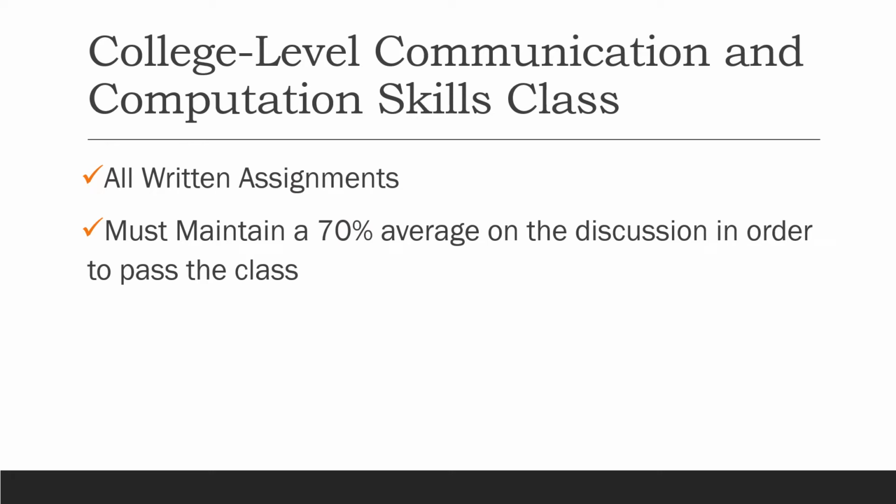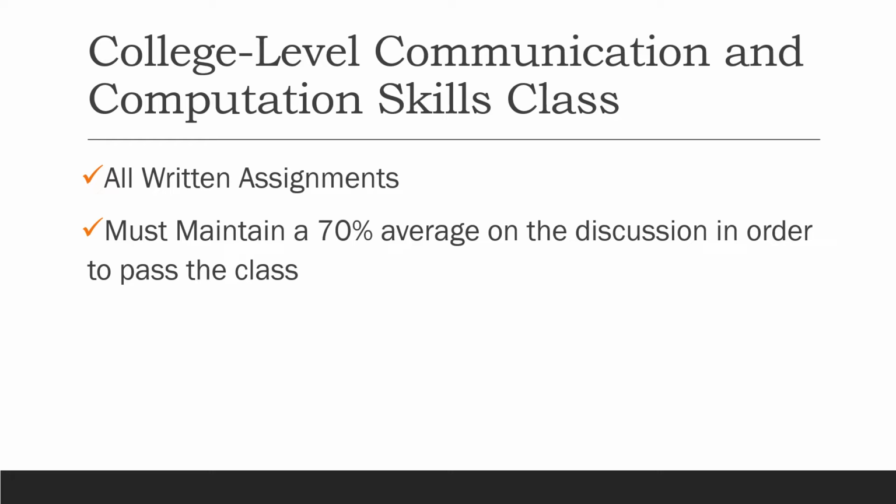Now, this class that you're taking has been identified as a college-level communication and computation skills class. In regards to all written assignments, the discussions for this class, according to the state of Florida, each student must demonstrate college-level writing through multiple formal writing assignments.